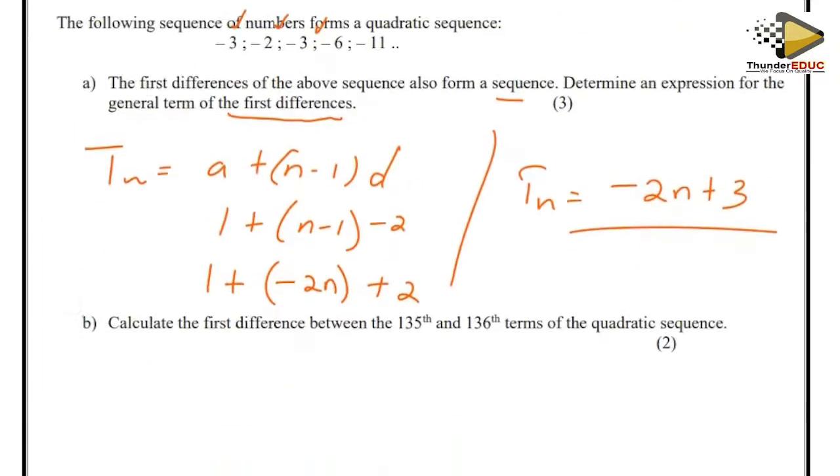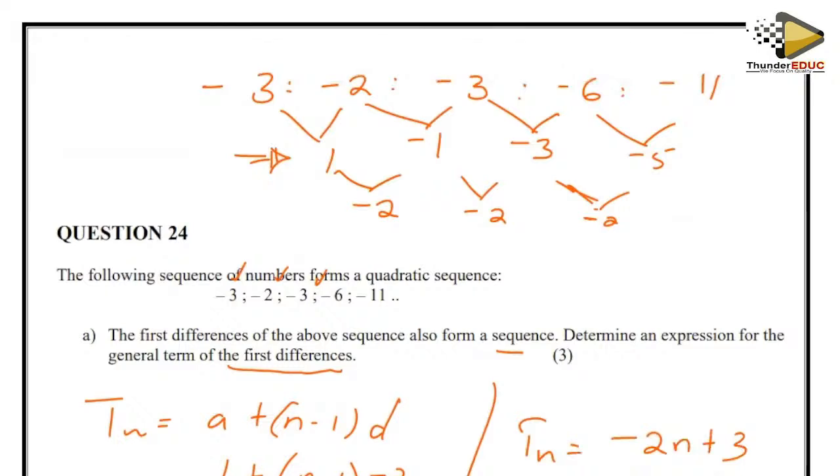Then part B: calculate the first difference between the 135th term and the 136th term of the quadratic. What this means is that if you look at our sequence, the first term of the first difference is between T1 and T2 of the quadratic.